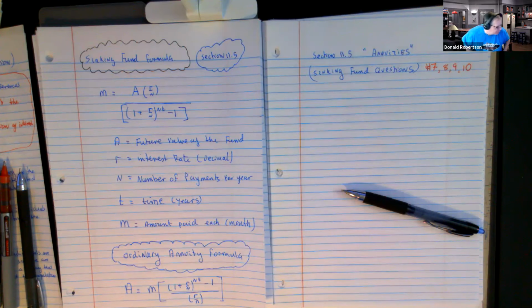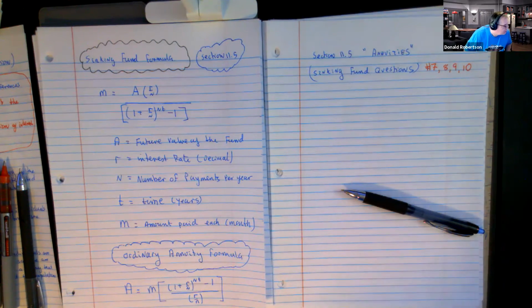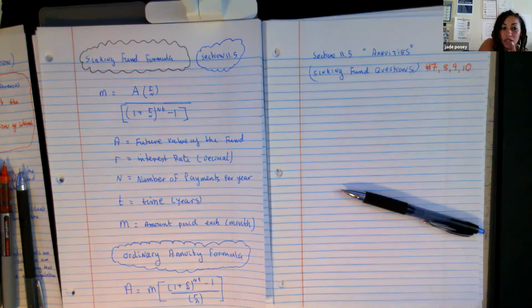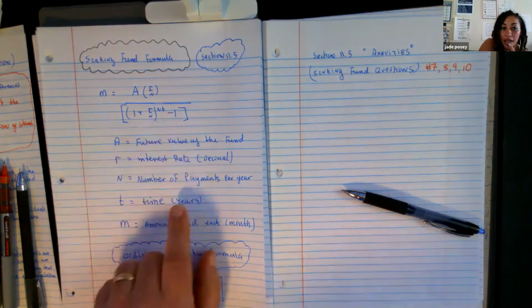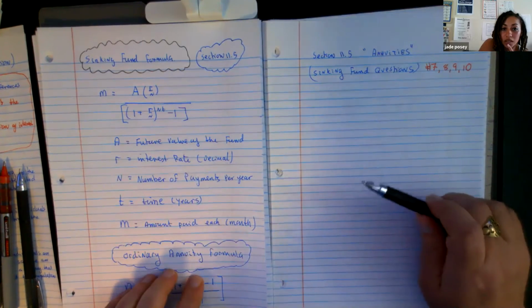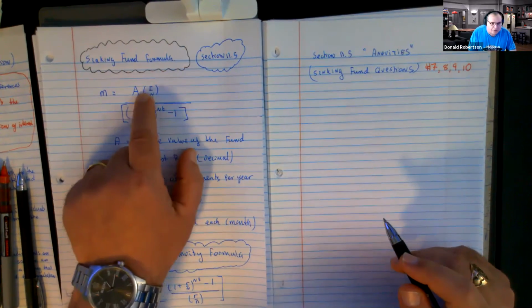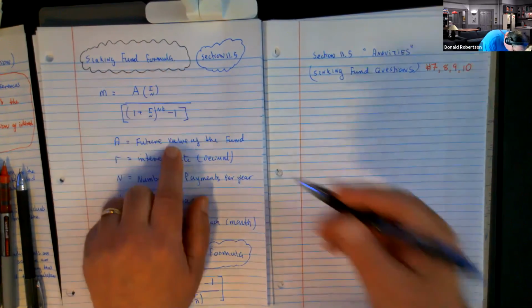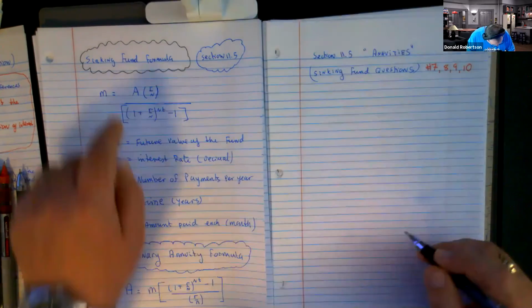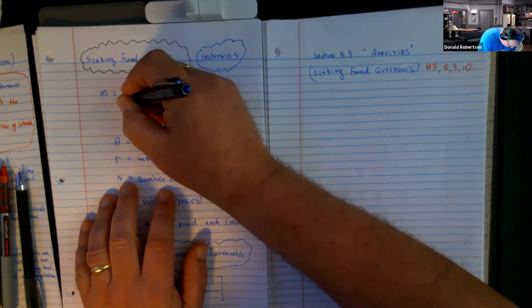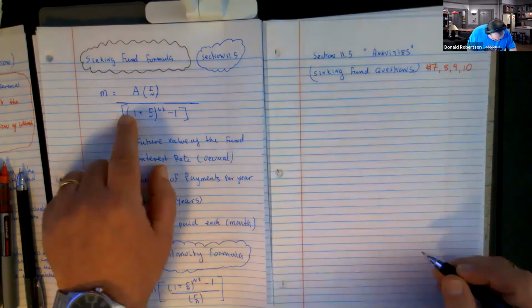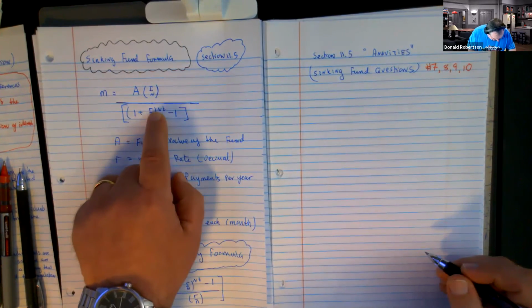The formula says M equals A, brackets R divided by N, all over, in another bracket, 1 plus R over N, to the power NT, take away 1.